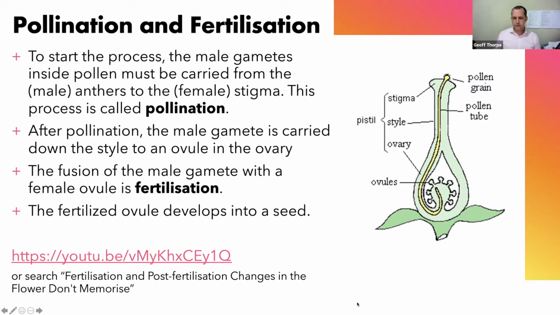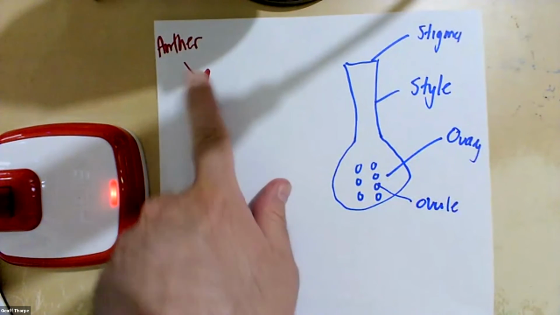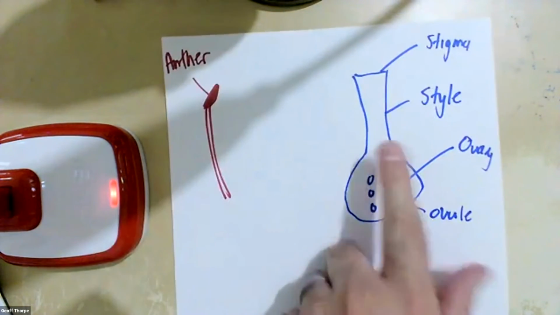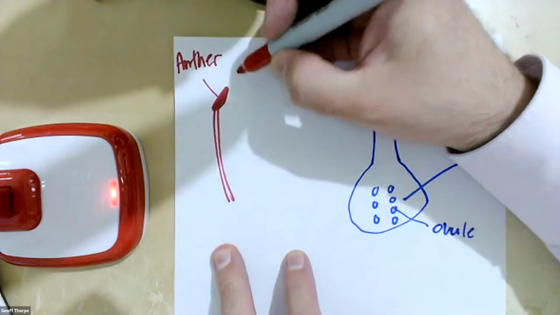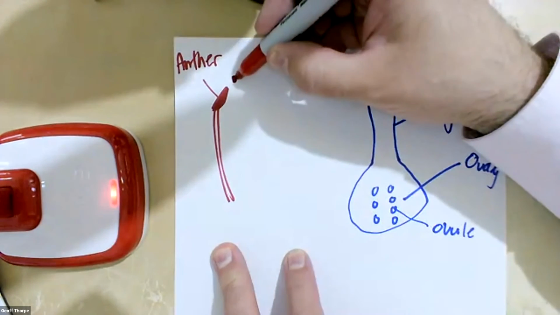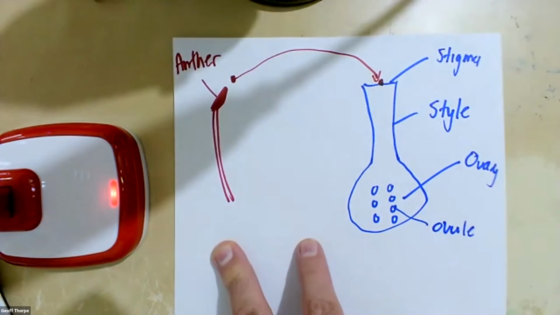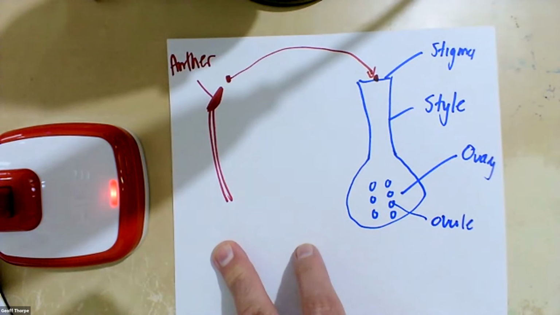Now I'll quickly highlight the difference in a different way. Let's look at my little picture here. We've got a stamen here with the anther at the top. Then we have our female parts here. If we assume we've got a pollen grain getting to the stigma, getting that far, that is pollination.